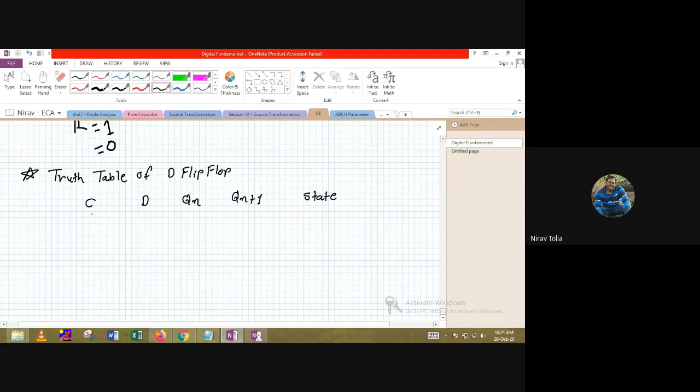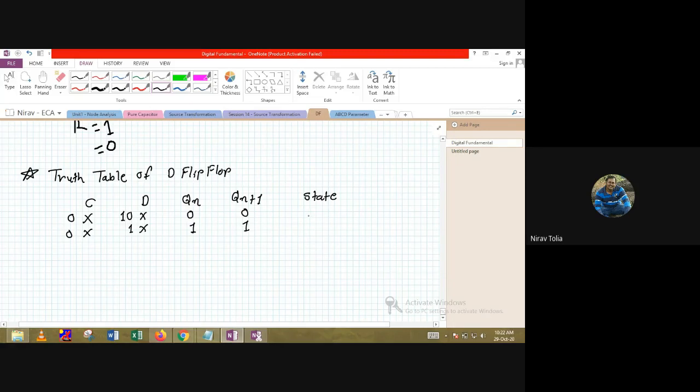Suppose I am not giving any clock, or you can say my clock is 0. So D is either 0 or 1. If my Qn remains 0, my Qn plus 1 remains also 0. And if my Qn remains 1, my Qn plus 1 remains also 1.